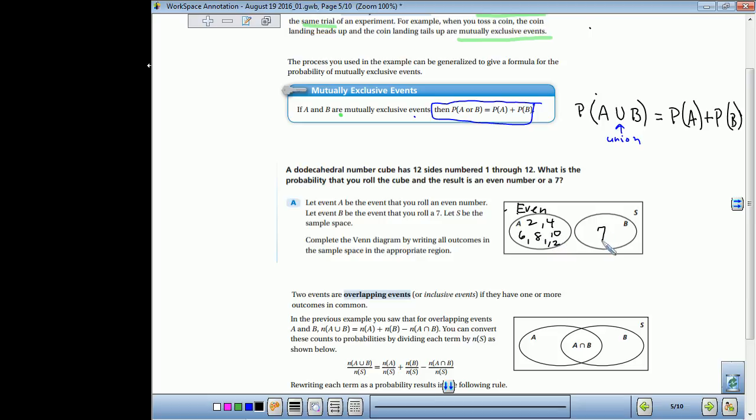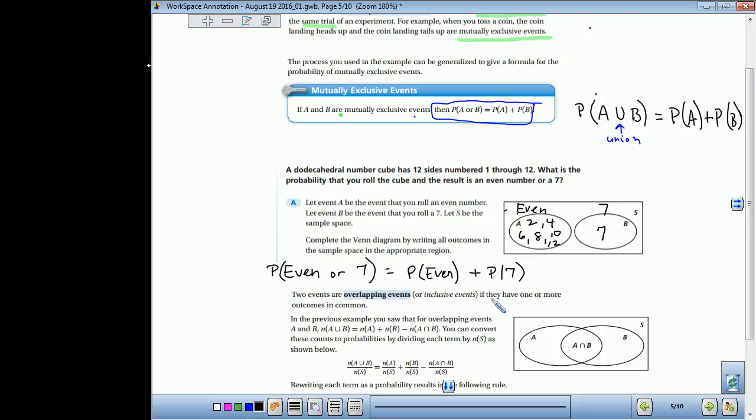And here we have the number 7. So there is no overlap. And you would have done this so simply. But this is what it looks like in terms of a probability statement. The probability that it is even or a 7. It's just the probability that it's even plus the probability that it's 7.